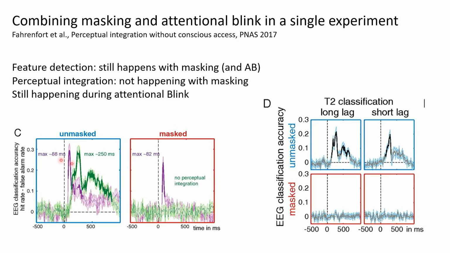Whereas in the unmasked yet attentional blink situation, so that's this one, with the long lag, you can decode the perceptual integration, and with the short lag, so when there really is attentional blink, you can still decode the perceptual integration. Whereas in the mask, of course, you cannot do that with either long or short lags. So bottom line, feature detection, like the contrast thing, is still happening with masking and with attentional blink, but the perceptual integration is not happening with masking, but still happening during attentional blink.